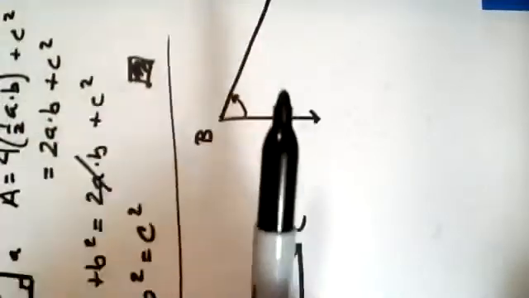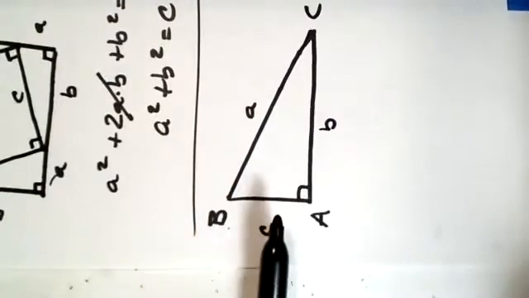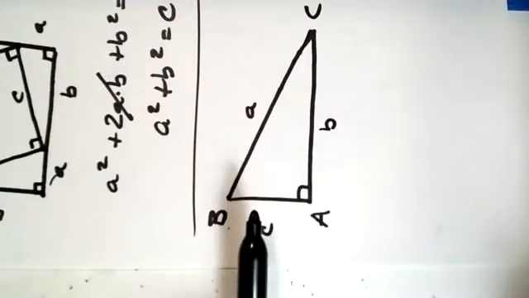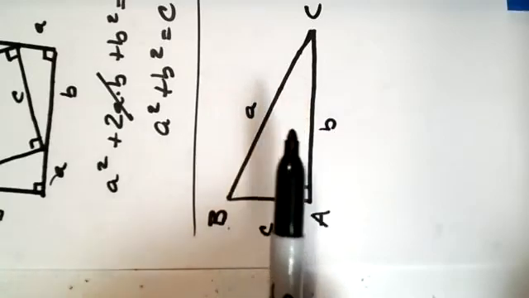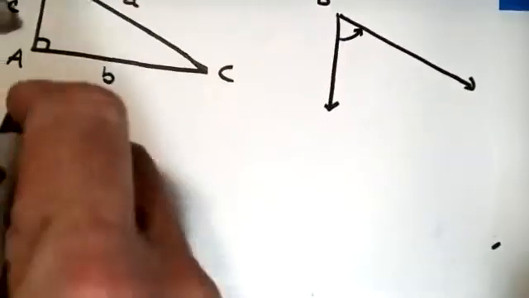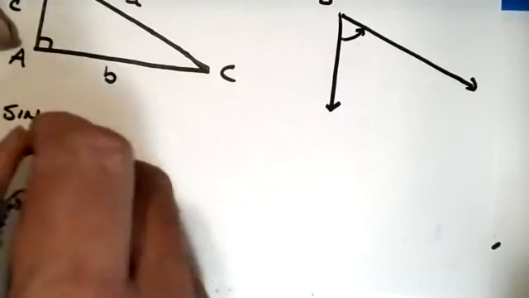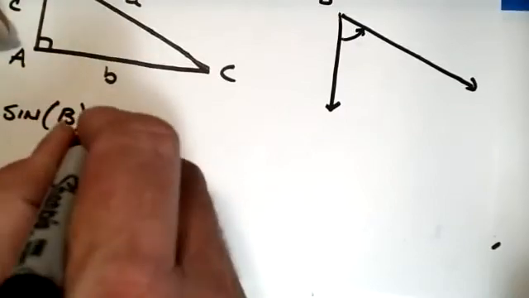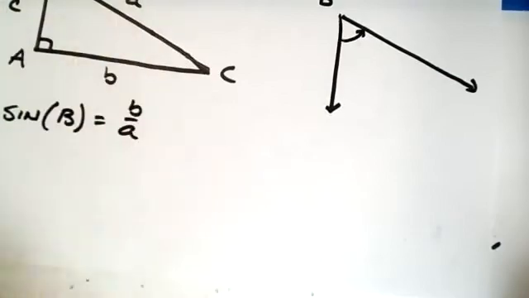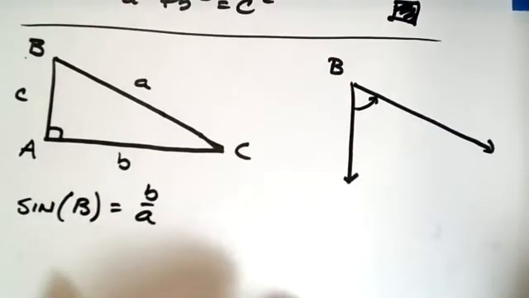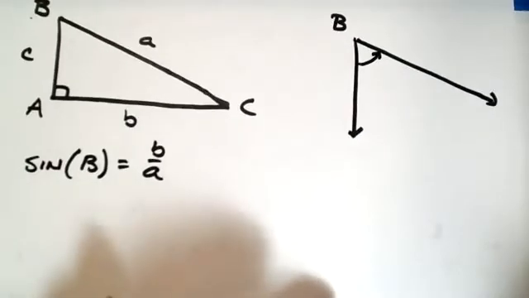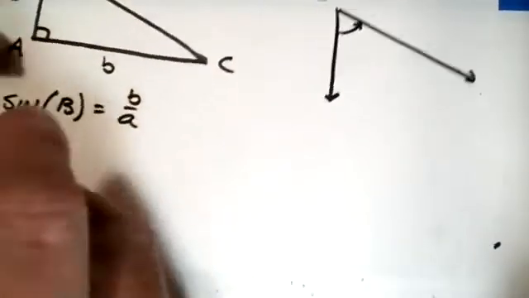Now in this particular triangle, we know exactly what those values are. It would actually be b over a. So in this particular case, sine of angle B is equal to b over a. And similarly, we could do that for cosine and tangent.